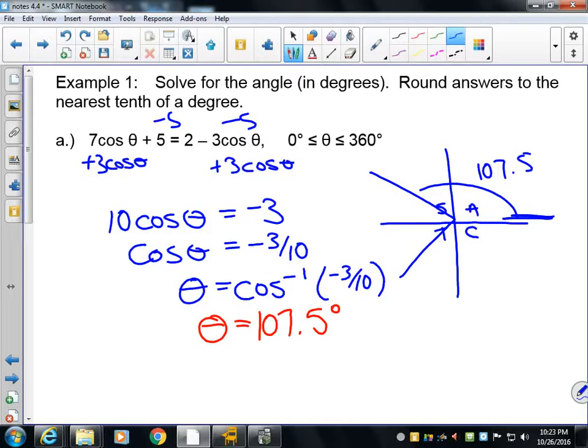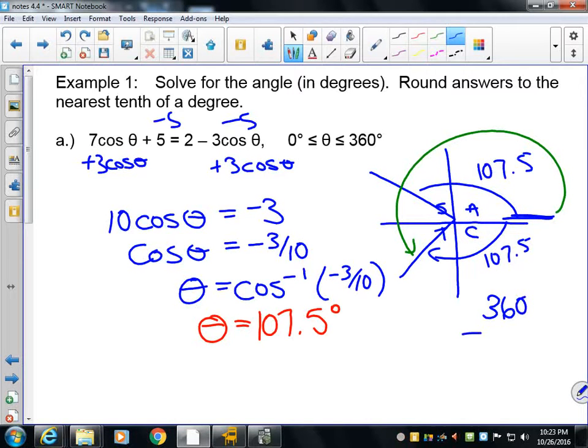But we've got to figure out, how do we get from the 0 line to here? What is that line? Well, we've got to remember that this 107.5 can follow it this way, because this is 107.5 just by looking at the angle. So that's actually 360 minus 107.5, borrow the 5, borrow the 1.